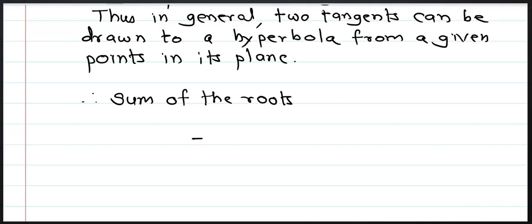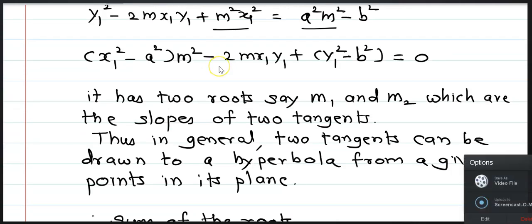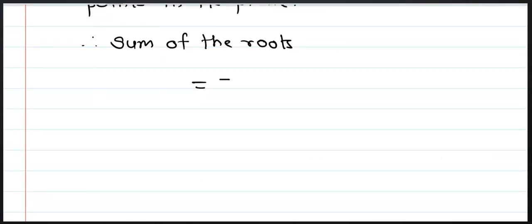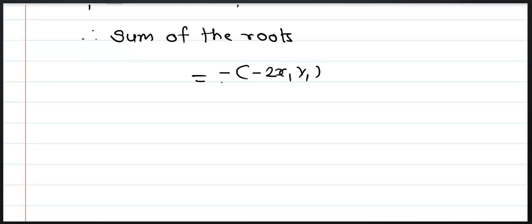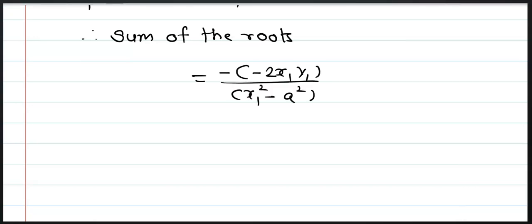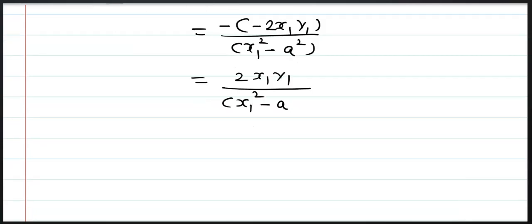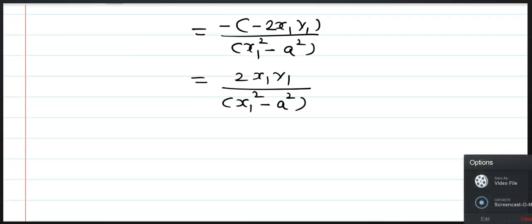Sum of the roots. Now the sum of the roots is minus b upon a, that is minus of (minus 2x1 y1 upon x1 square minus a square), that is 2x1 y1 upon x1 square minus a square.